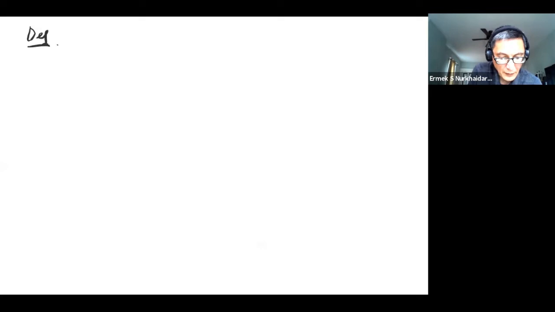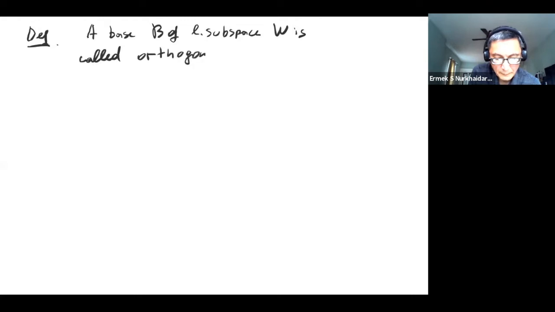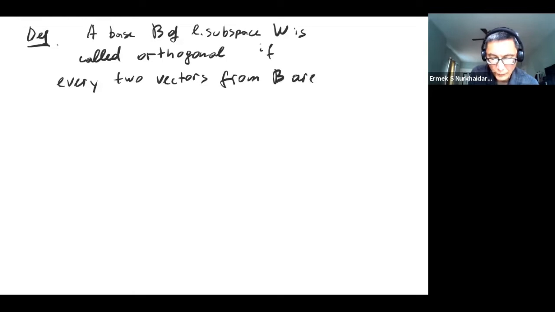A base B of linear subspace W is called orthogonal if every two vectors from B are orthogonal.